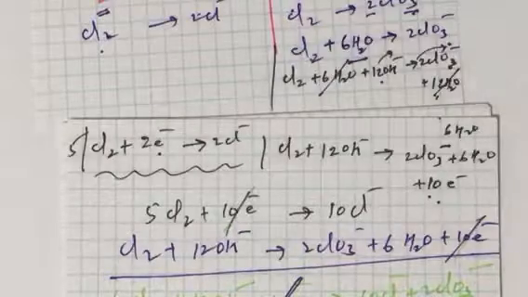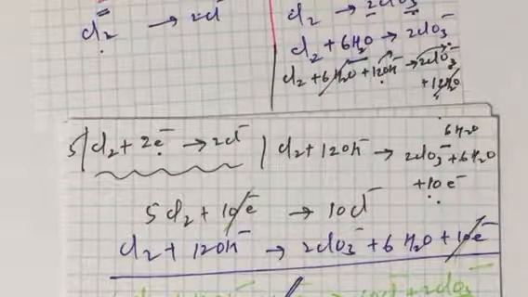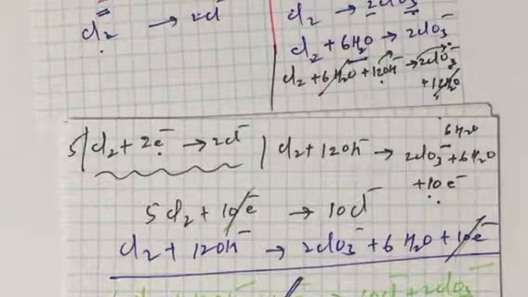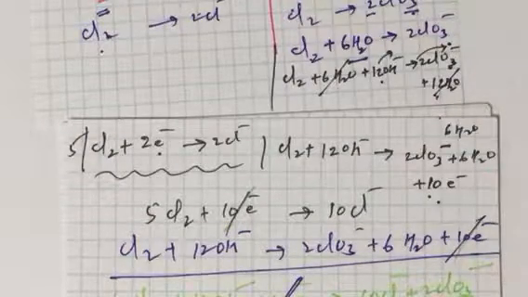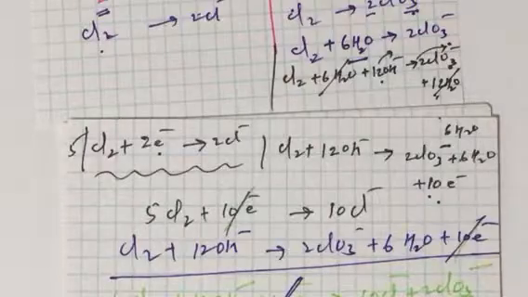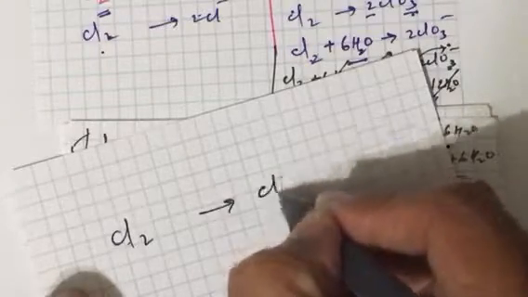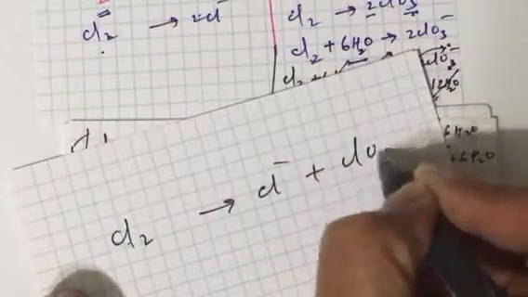Okay. This way you can balance the disproportionation reactions, a stepwise process. But it is always better to adopt the shortcut method, which I have said earlier. The shortcut method is only a one-line method. You can recall Cl2 gives Cl minus plus ClO3 minus. You can see here one Cl is becoming Cl minus.